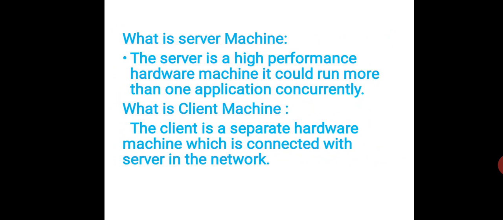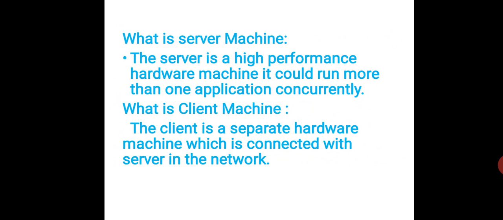In our school we have one server machine, and all the other systems in different rooms, the principal sir's room and principal ma'am's room, can access that server at the same time. So the server is a high performance hardware machine. It could run more than one application concurrently, that means we can run more than one client's request at the same time.